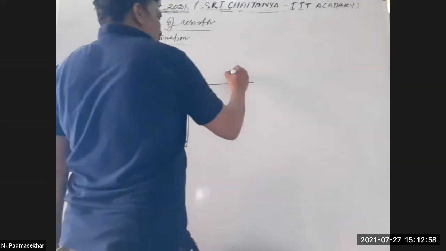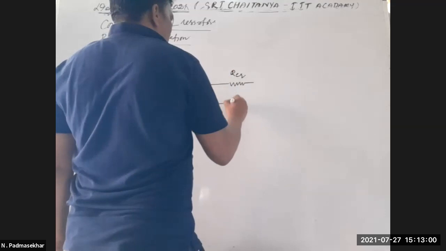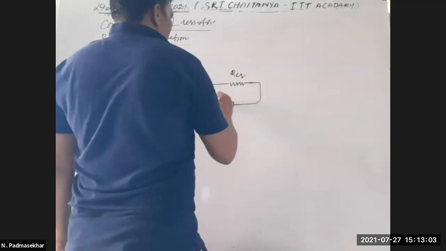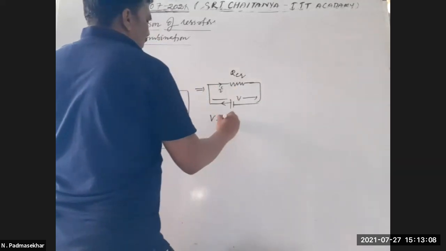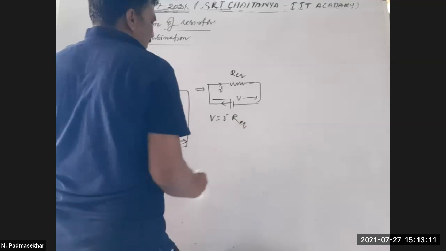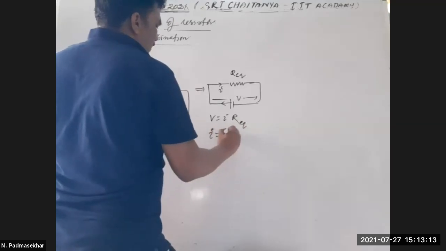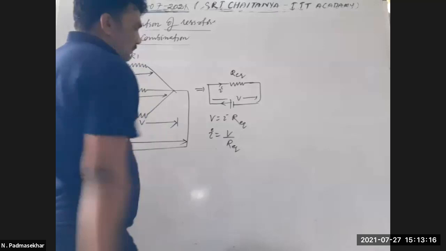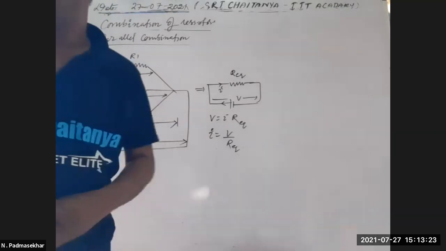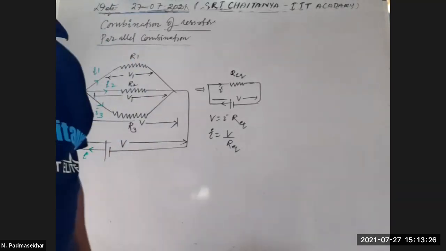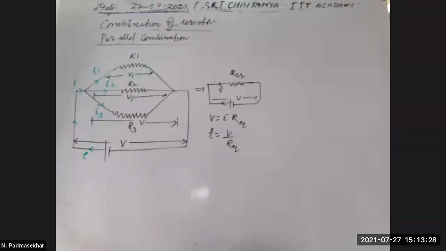So this is R equivalent, and this is a battery, and the potential is V, and this current is I. So V is equal to I R equivalent. So I is equal to V by R equivalent.